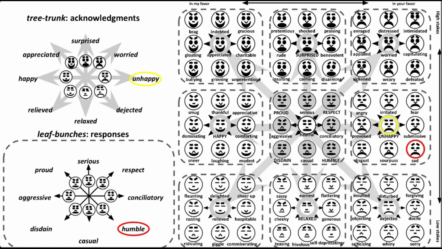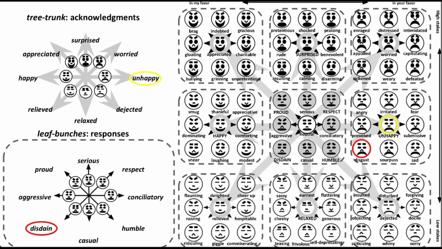That is to say, sad just is a combination of unhappy and humble. And finally, within that region, finishing the circle, if you're expressing unhappy, but now also simultaneously expressing disdain, that brings us down into the left within that region to something like disgust. That is to say, disgust is unhappy and disdainful.